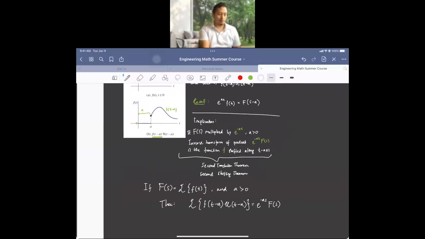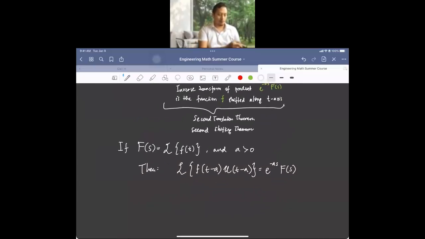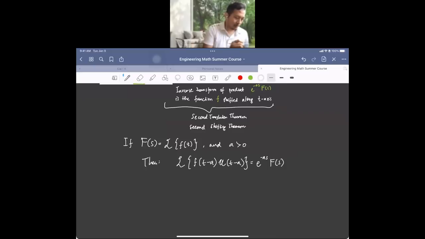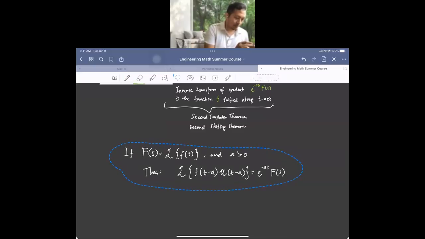We'll write some proof of this theorem, but that will be the next page. But let me just give you this. This is the second translation theorem.